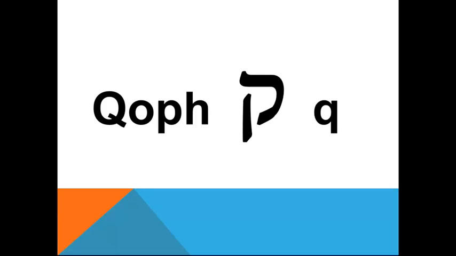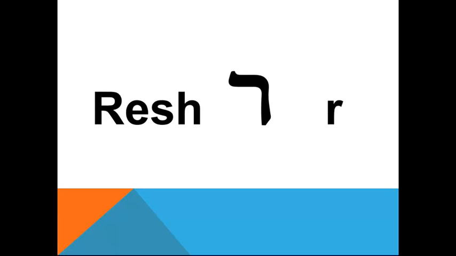Aleph, Beit, Gimel, Dalet, Hey, Vav, Zayin, Ket, Tet, Yod, Kaf, Lamed, Mem, Nun, Samekh, Ayin, Pei, Tzadeh, Kof, Resh. Resh. This is the R, and it's transliterated with an R. And the way you write it, again, is you start at the top left, and in one continuous movement come over horizontally and then down without lifting up the pen.